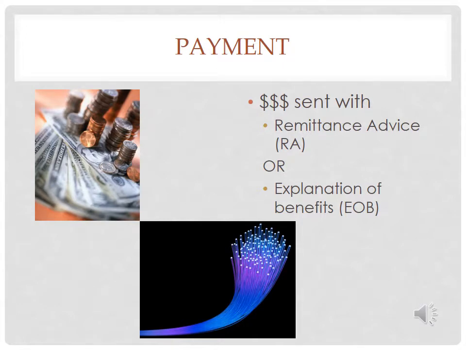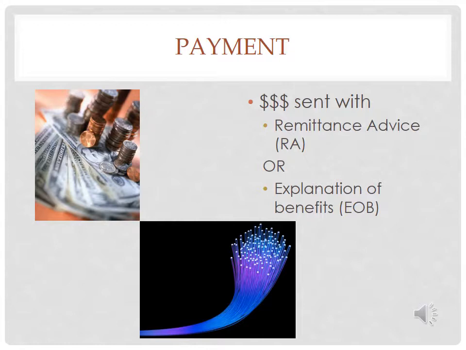The last step of the claims adjudication process is getting paid, and payment is usually sent directly to an insurance company, usually through electronic transfers, and payment is automatically put into their account. A remittance advice or an explanation of benefits is sent to the practice, and usually a remittance advice is sent. This would be an electronic form that specifies each and every service line on a claim and what has been paid and why.